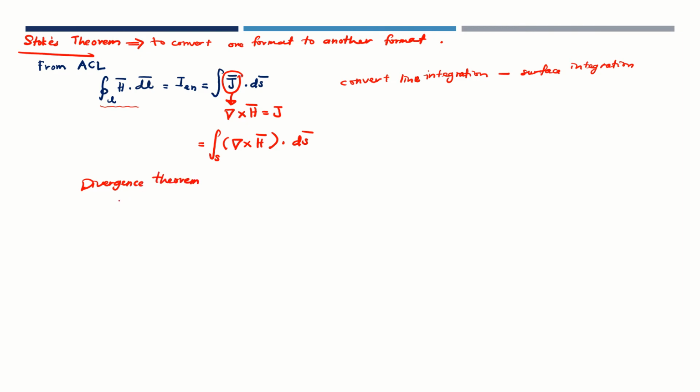We can convert from surface to volume, where the surface integral of D dot ds equals the volume integral, using del dot D over dv.